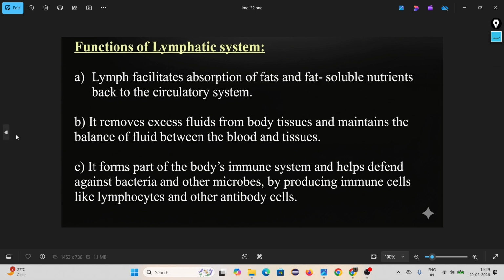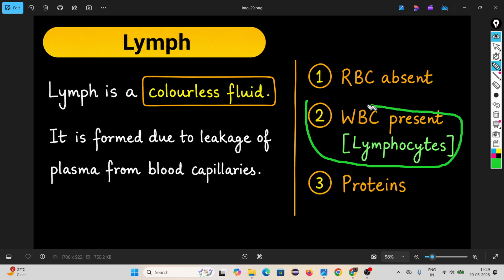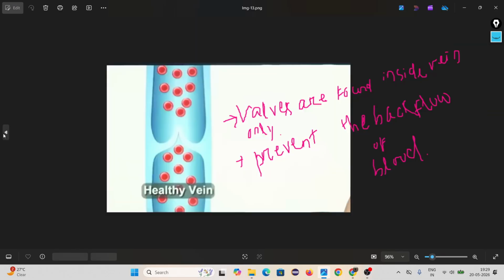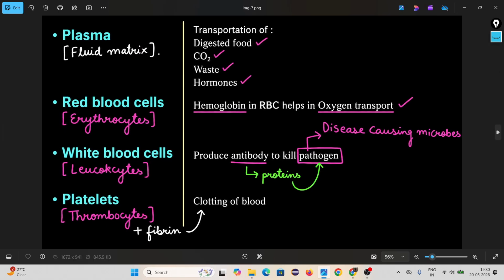Look, in the beginning of this discussion I told you that lymph has WBC. What is the work of WBC? If you remember the blood concept, any part that has WBC creates antibodies that kill pathogens.